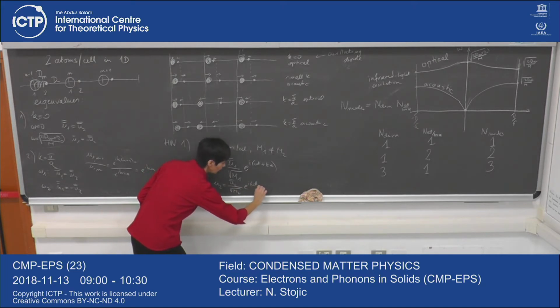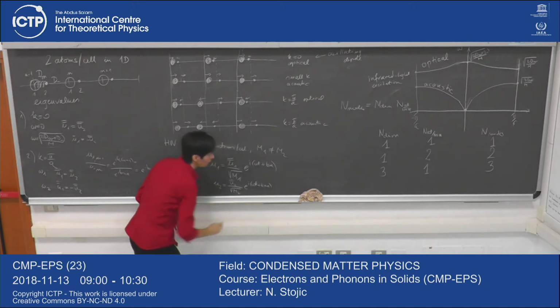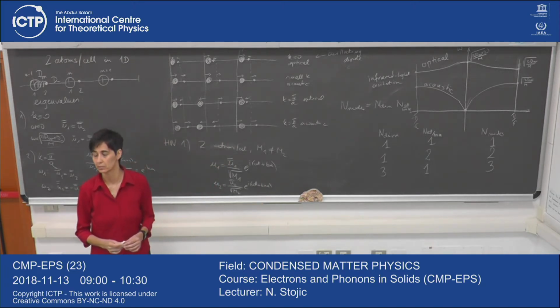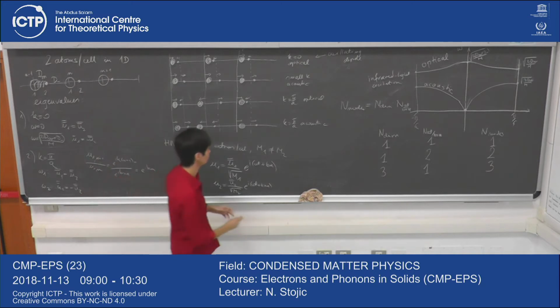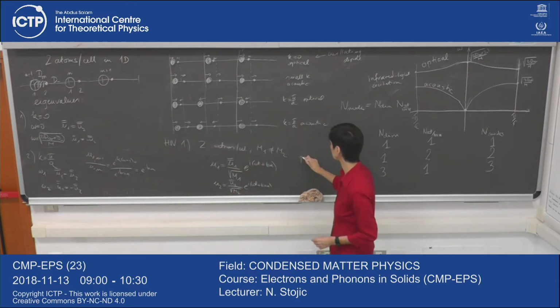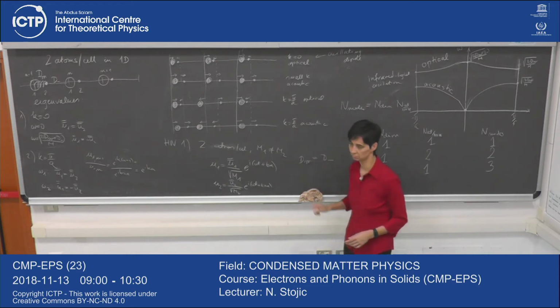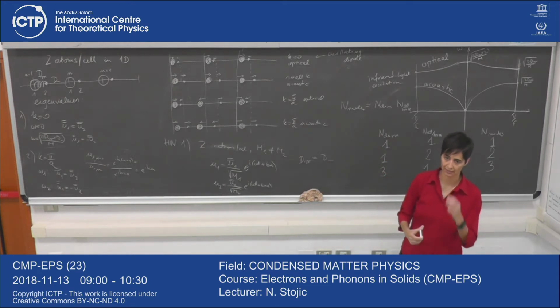But as a simplification, let's put also that the 2 spring constants are the same, to make it simpler. So there is no more the strong and the weak, they are the same. So you get a simplification here.